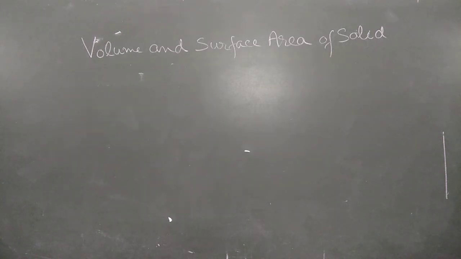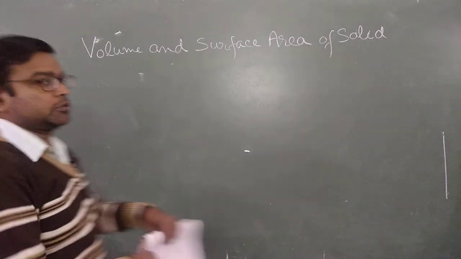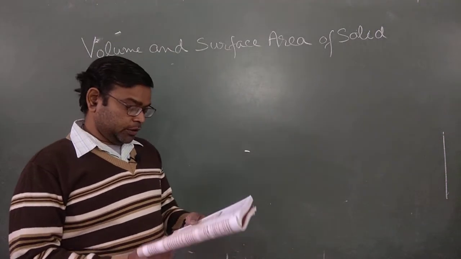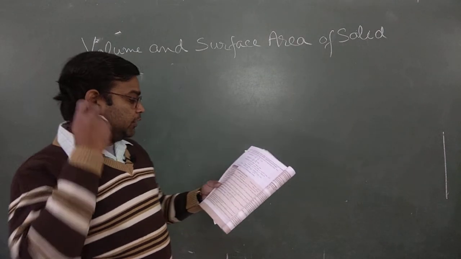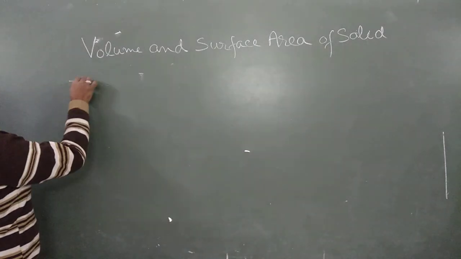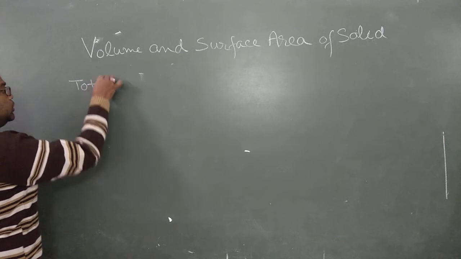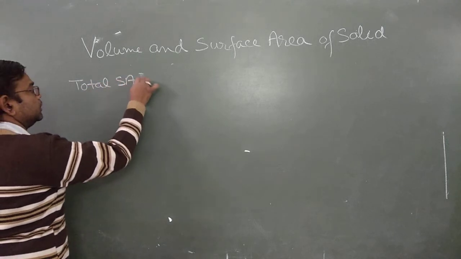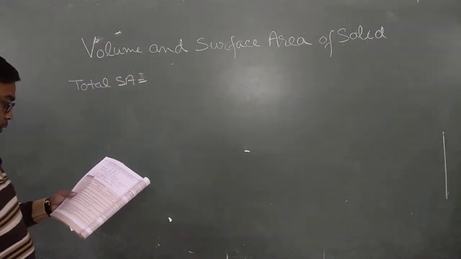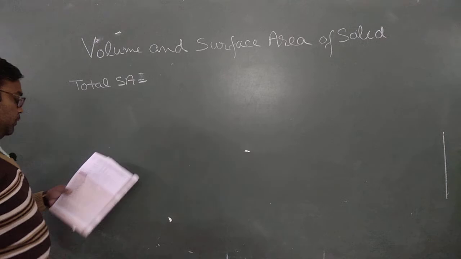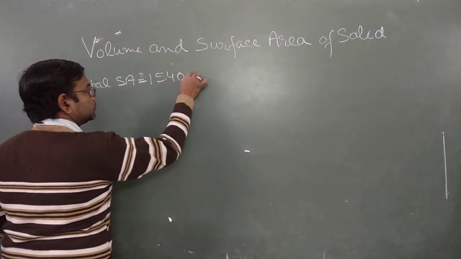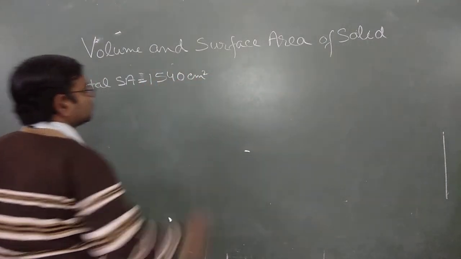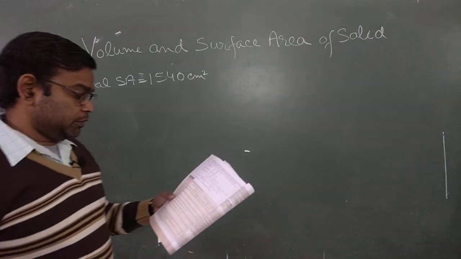The next question says you have to read the book because the question is the lengthiest one. Total surface area of a right circular cylinder is 1540 centimeter square. First, note down: total surface area equals 1540 centimeter square.